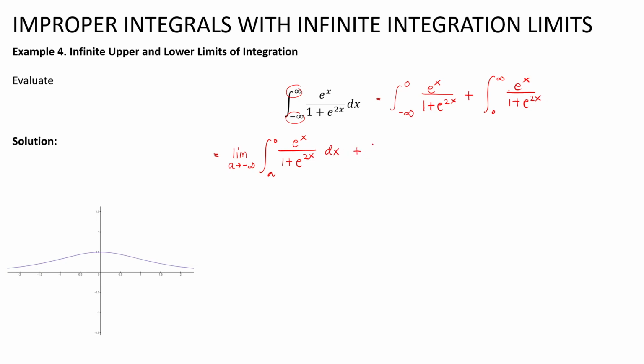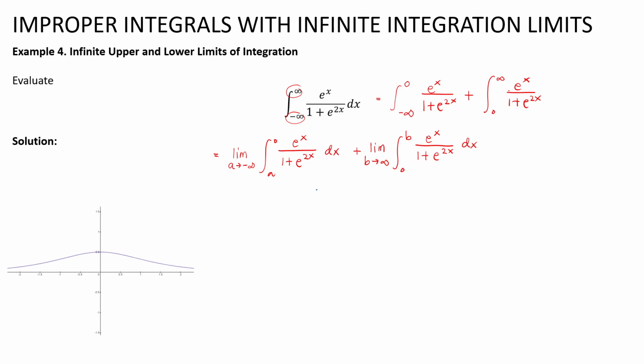Then plus the second equation, taking out the upper limit, limit of b approaches infinity, from 0 to b, e raised to x all over 1 plus e raised to 2x dx. So since both equations are the same, you may separately integrate the equation.